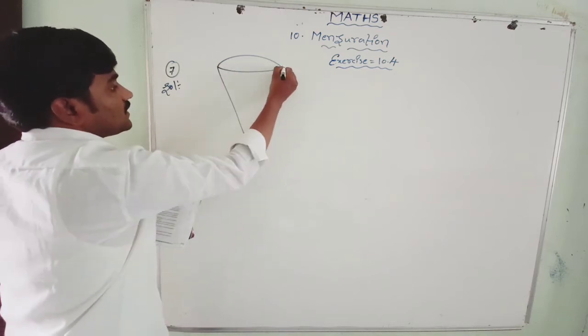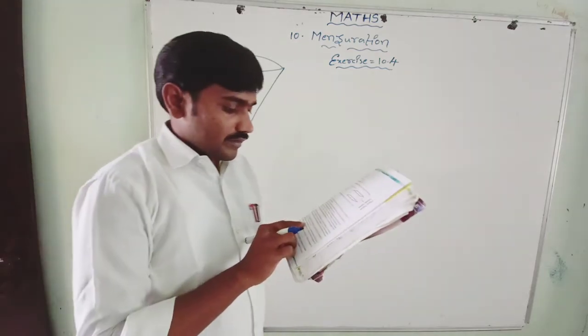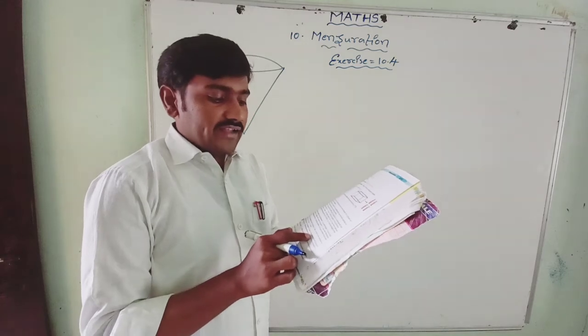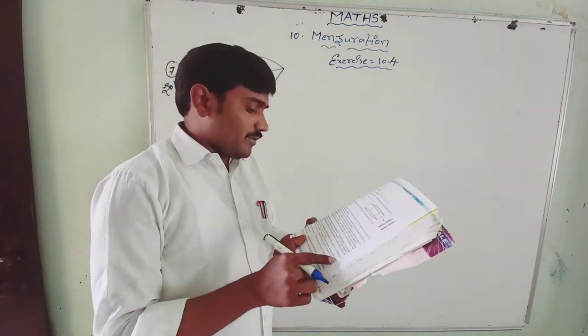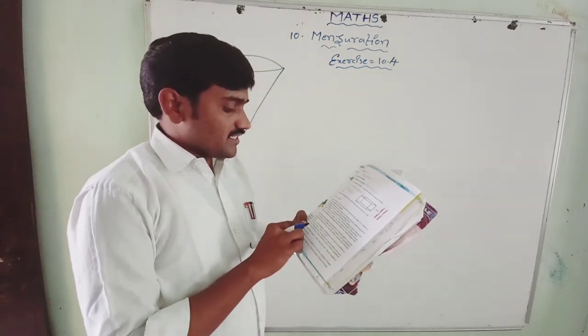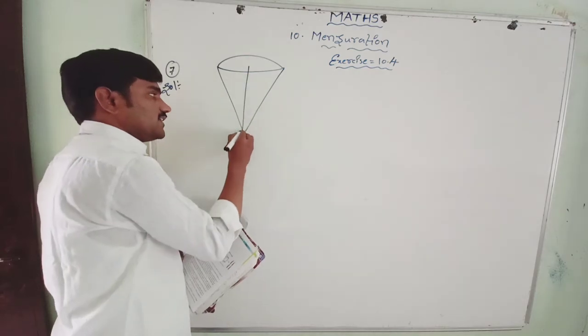The vessel is in the form of an inverted cone. Its height is 8 centimeters and the radius of the top is 5 centimeters.